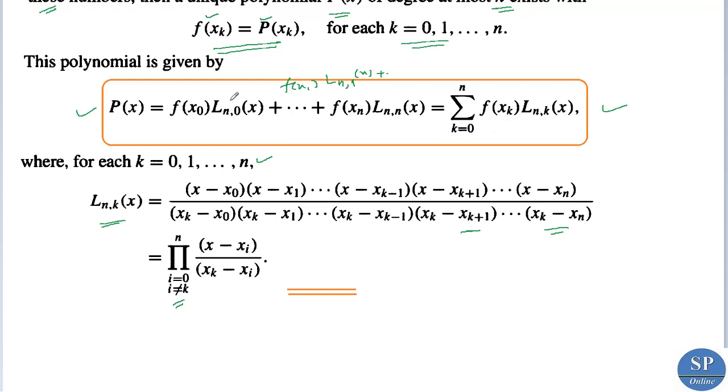Here actually we can replace L_{n,k} by Lk itself, right?